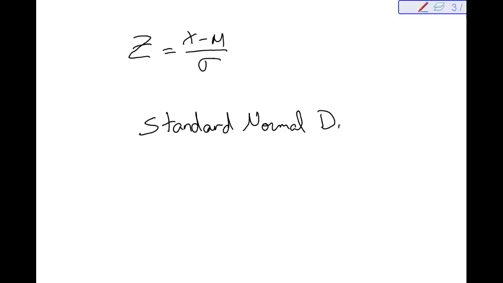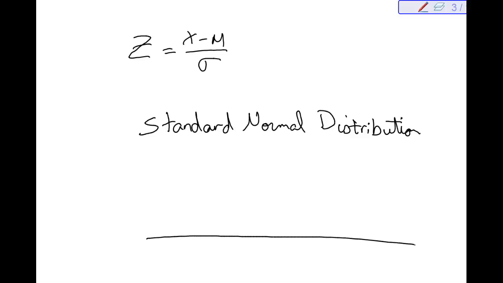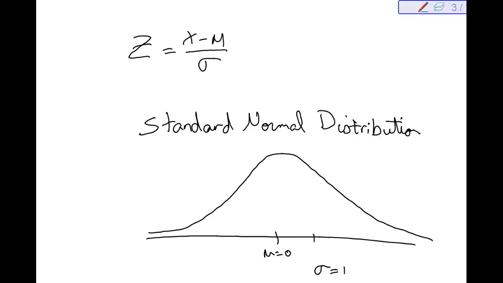And with the standard normal distribution, what that is saying is that we have a mean equal to 0, and our standard deviation is 1. So this is going to be a positive 1, a positive 2, positive 3, negative 1, negative 2, and negative 3.